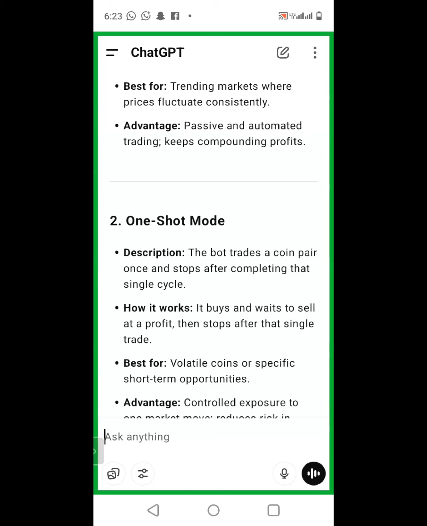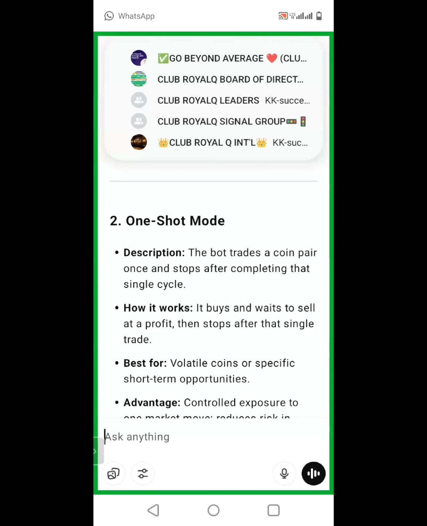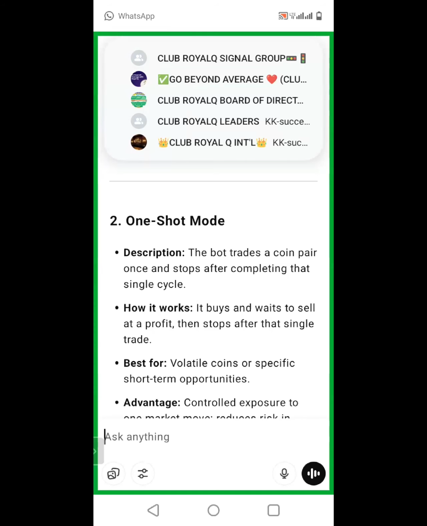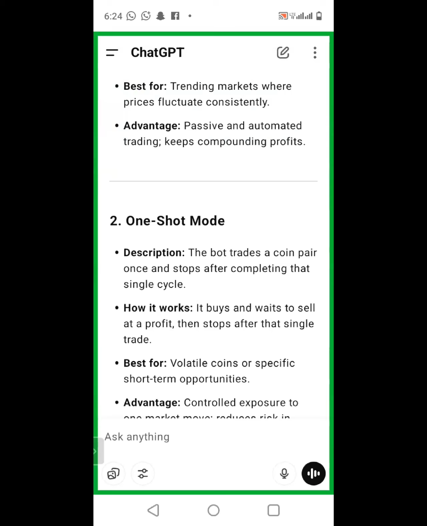That means when you click on cycle and the robot buys and sells and finishes, the robot will still enter the market for you with your settings, with that same coin, buying low and selling high. And this means it is compounding for you. Compounding simply means that when the robot has given you gain, the gain is attached to your capital, and the profit and capital will re-enter the market for you by clicking on cycle.